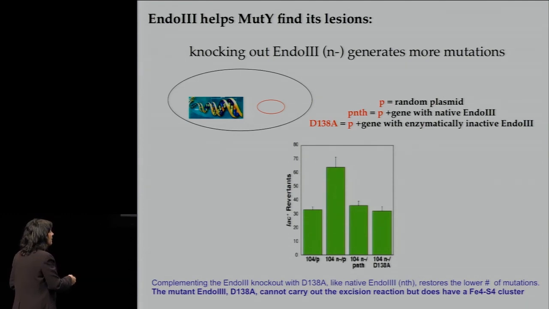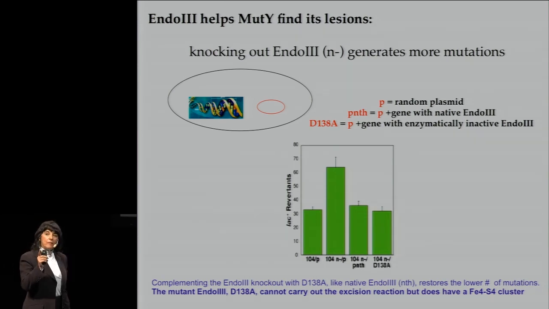And when I knock out endo-3, there's a small but significant effect on mut-Y's ability to fix its mutations. Now, you can then add back in a plasmid, a little piece of DNA that encodes endo-3, and when you add that back in, you restore the low mutant count.